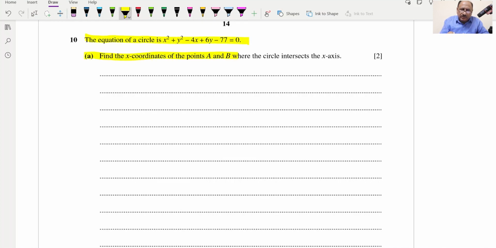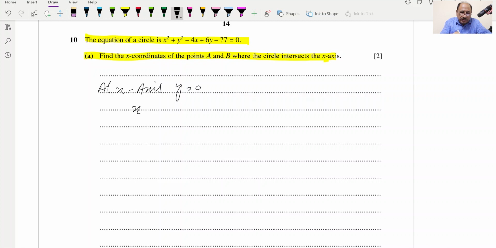Question number 10, the equation of the circle is given. Find the x coordinates of the points A and B where the circle intersects the x-axis. So at the x-axis, y will be equal to 0.